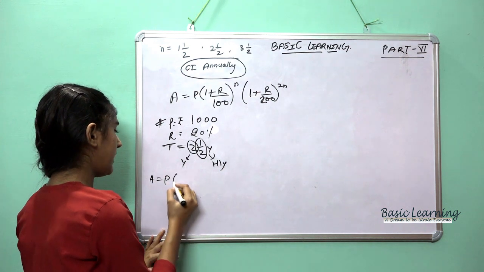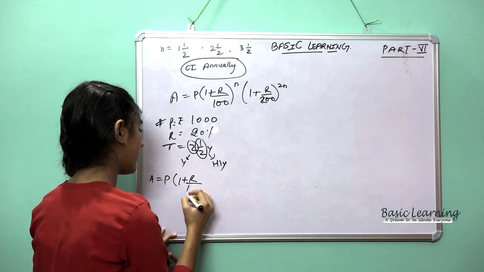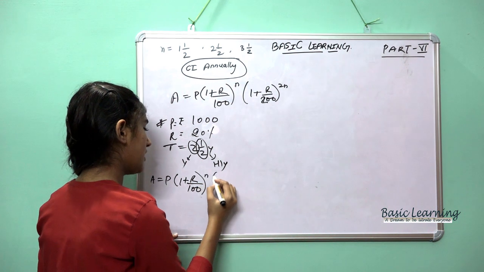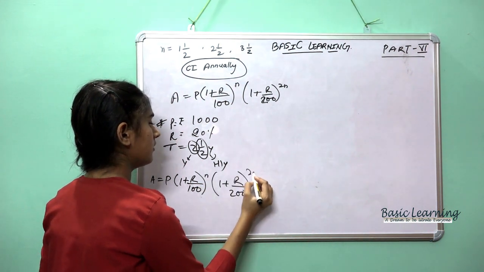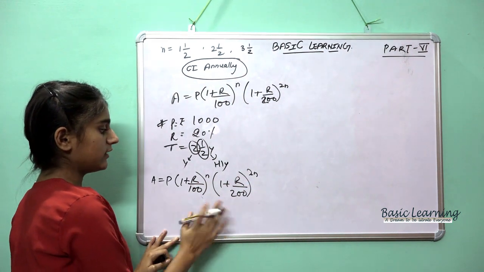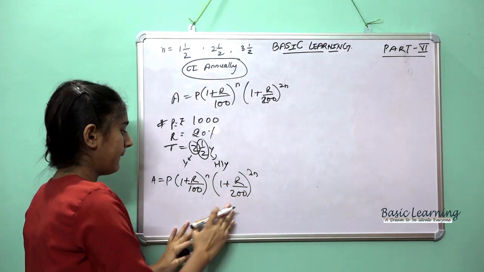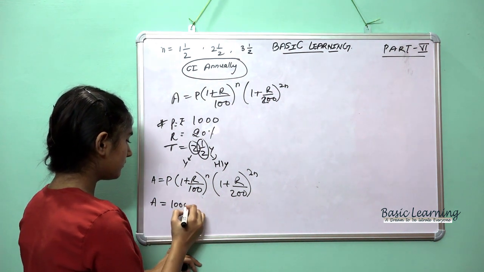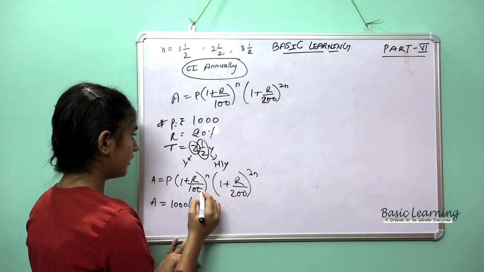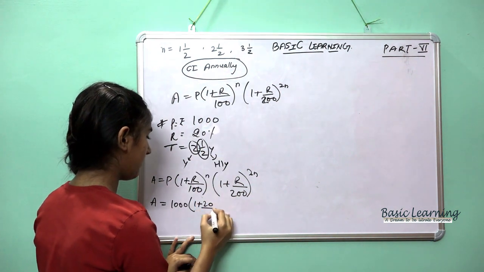Amount equals P bracket 1 plus R upon 100 to the power n and 1 plus R upon 200 to the power 2n. This is for the whole number and this is for the fraction part. Now amount equals, principal is 1000, rate is 20% upon 100.